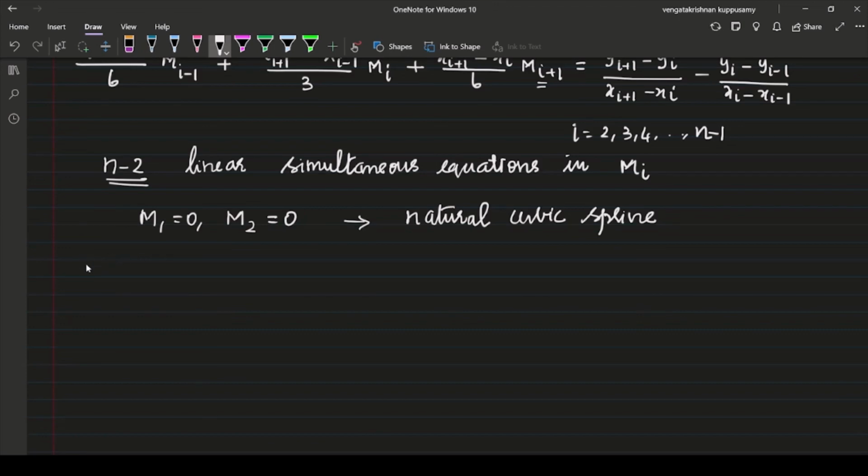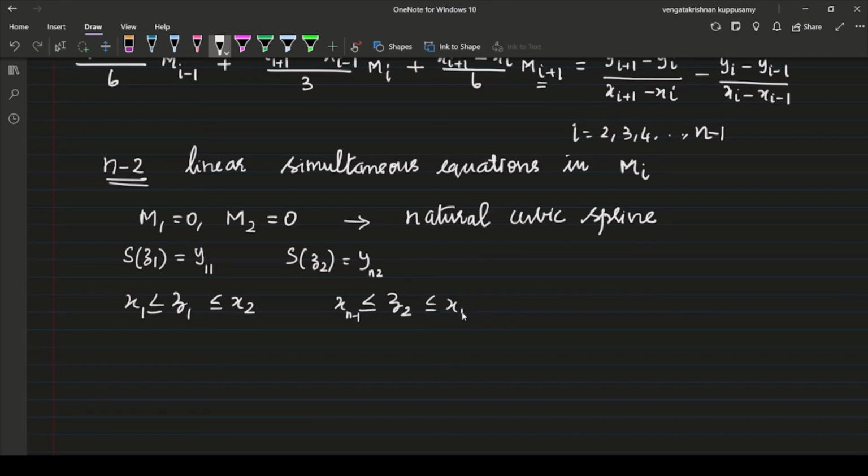Suppose we know another boundary condition, that is S(z_1) equal to y_{11} and S(z_2) equal to y_{n2}, where z_1 lies between x_1 and x_2 and z_2 lies between x_{n-1} and x_n.